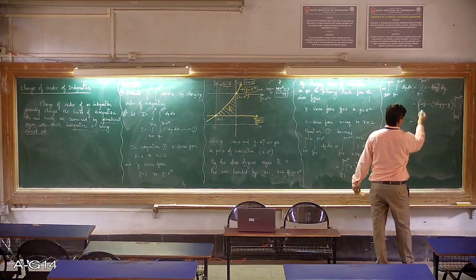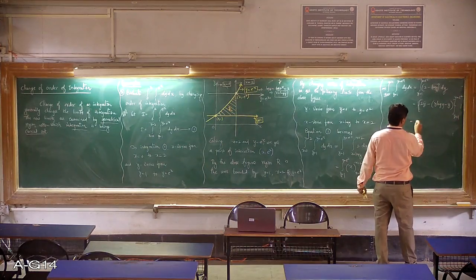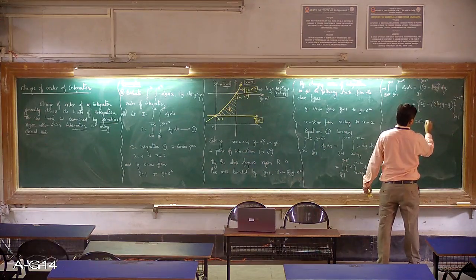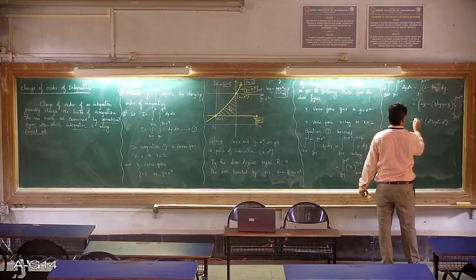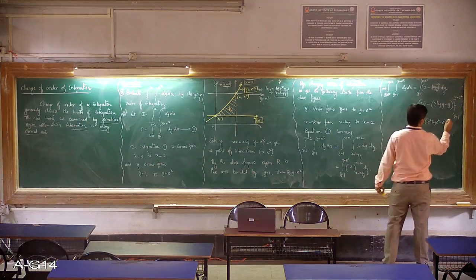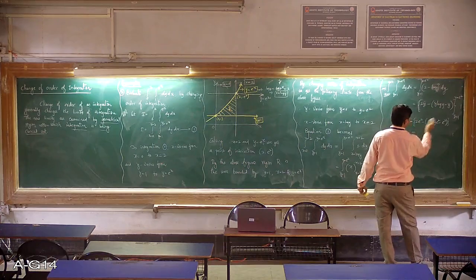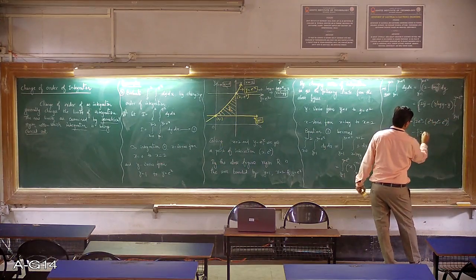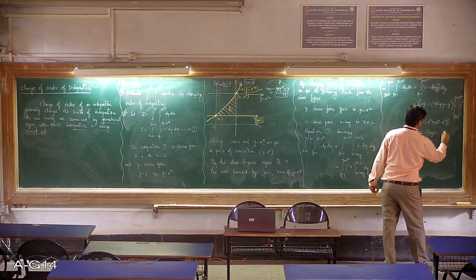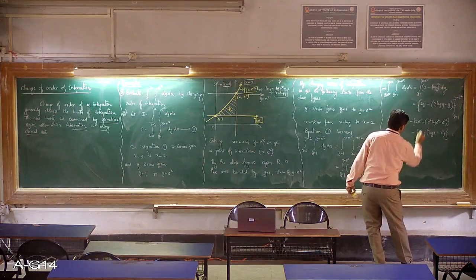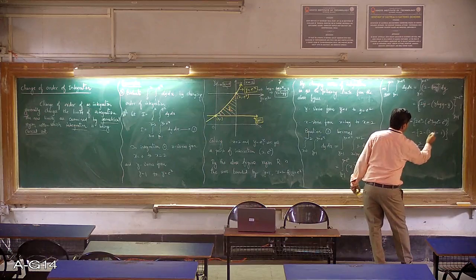Put the upper limit y equals e square, so therefore 2 e square minus e square log e square minus e square. So for the lower limit, minus, that is 2 minus 1 log 1 minus 1, which is equal to 2 e square minus e square.